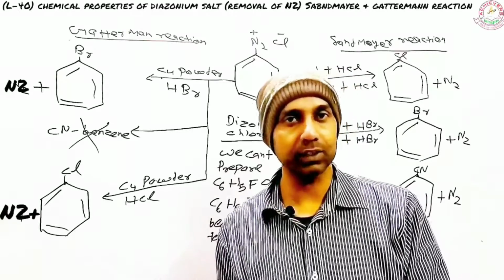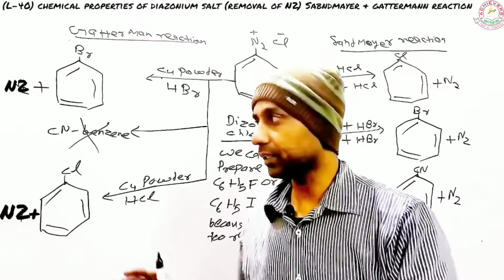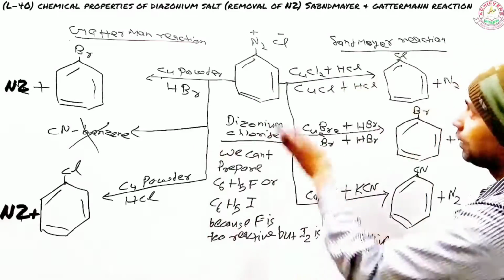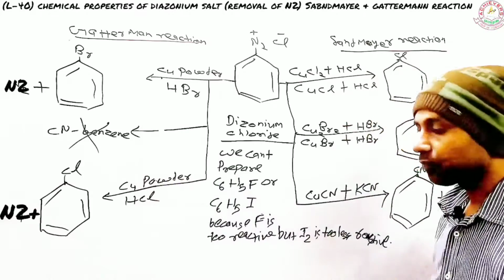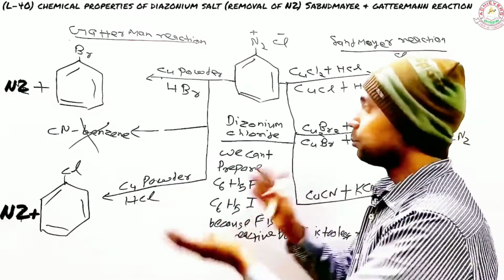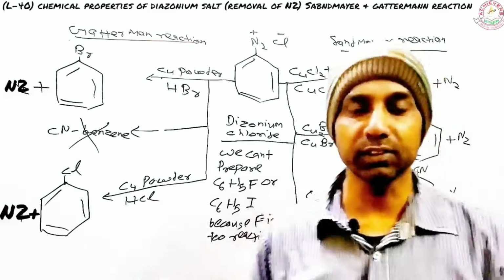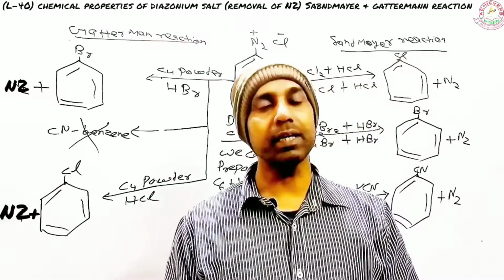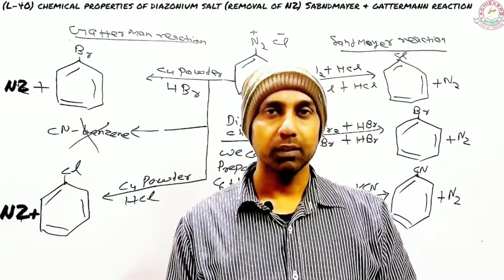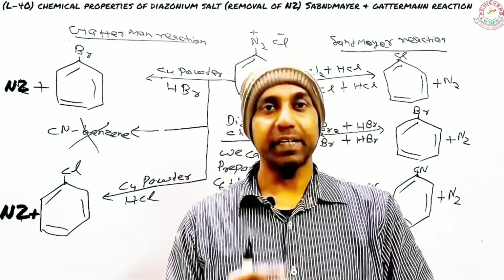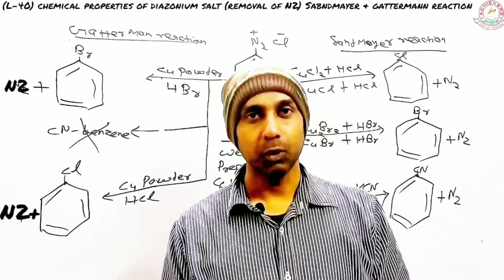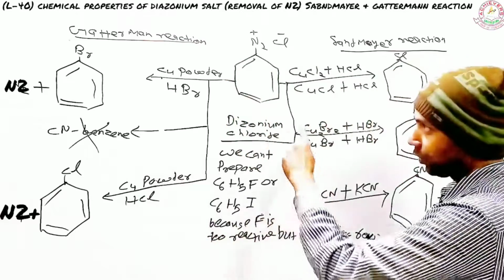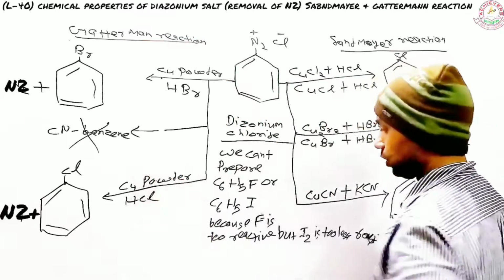There are many other reactions coming up, but let me repeat. I have compared the Sandmeyer reaction with the Gattermann reaction. Why did we compare both? The answer is simple: the Sandmeyer reaction is more preferred because it gives better yield. That means you can obtain a large amount of product by the Sandmeyer reaction, but not by the Gattermann reaction.